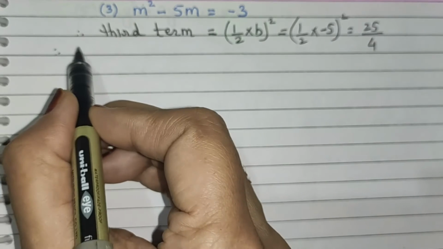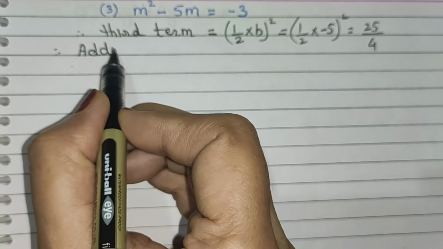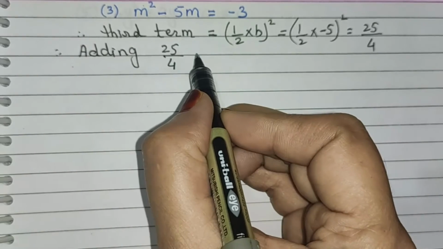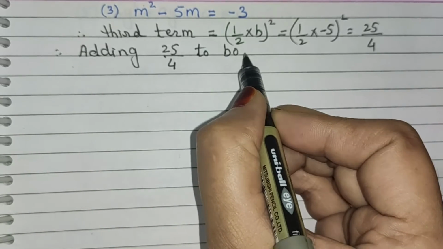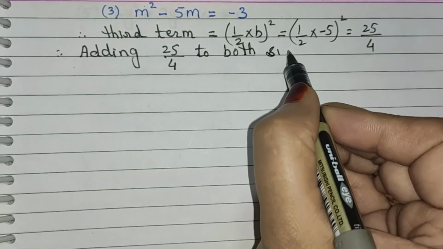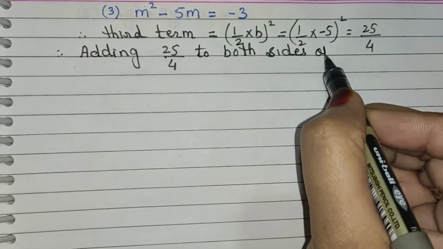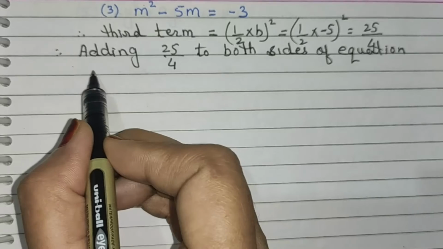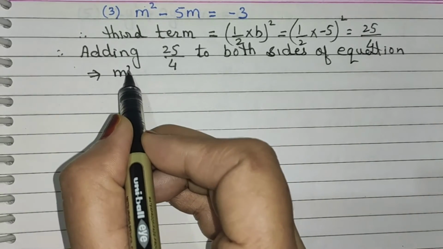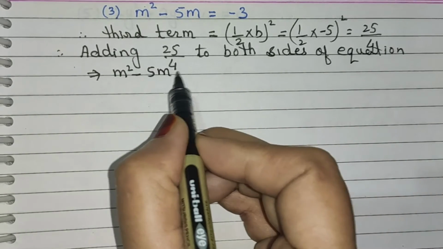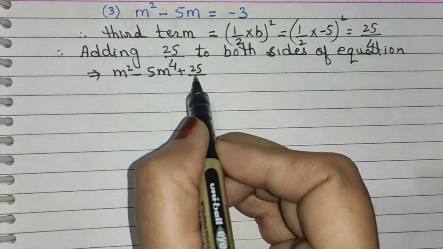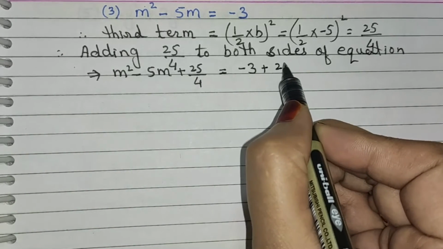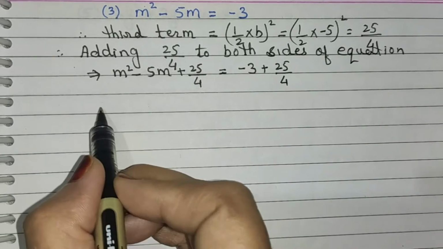Now next step is adding 25 upon 4 to both sides of the equation. Therefore, m square minus 5m plus 25 upon 4 is equal to -3 plus 25 upon 4.